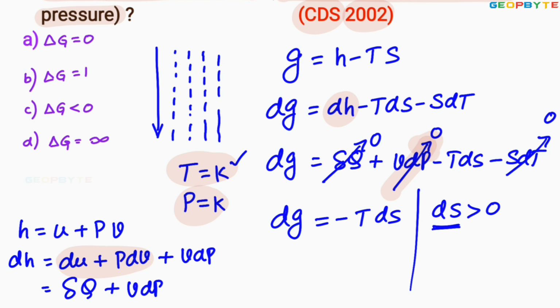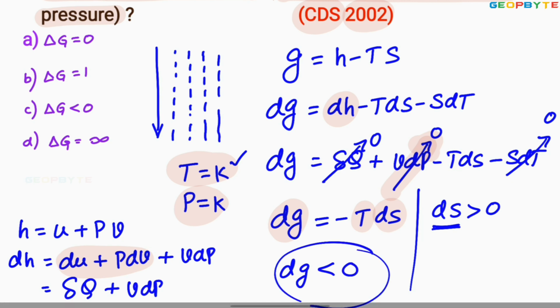Since this change in entropy is positive, temperature remains constant, the dG is negative for the water flow. dG is less than 0. Remember, this is true only when temperature and pressure are remaining constant. Anyhow, by the time the water is falling down, the Gibbs function change is negative, or Gibbs function is decreasing. Therefore, option C is absolutely correct. I hope all of you clearly got my point.